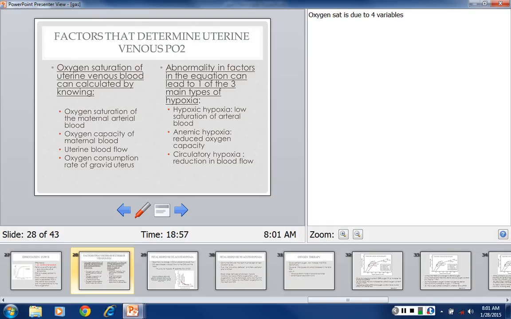So keeping that in mind, you can realize how the main types of hypoxia can affect the fetus. If you have a low maternal saturation, you can have hypoxia in the fetus. If you have reduced oxygen capacity, mom's lost lots of blood, anemic hypoxia, or reduced flow for other complications, you can have circulatory hypoxia, and these will all affect oxygenation to the baby.